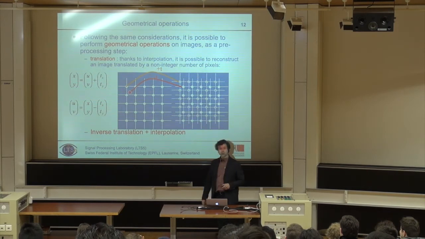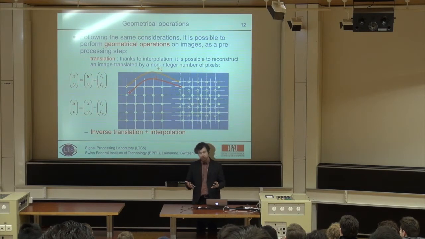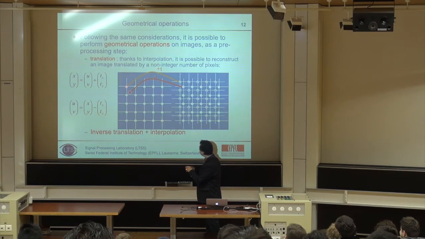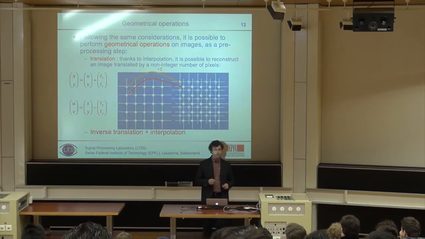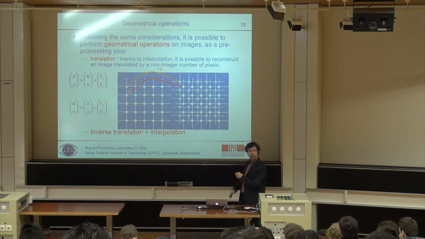Now I want to calculate the translation of that image. So I want to calculate an image which corresponds to the translation of that image by, let's say, translation in that direction. So basically, this point will move here, okay? A non-integer number. So basically what I know is that in my final image, this point will correspond to a point here, which is between the pixels.